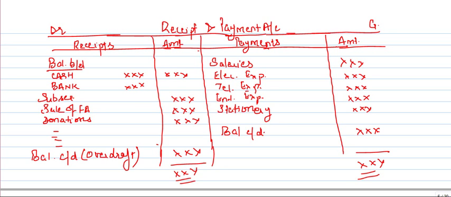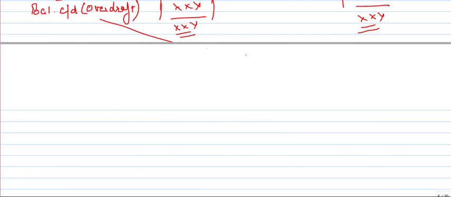Now, if it is an overdraft facility, then this balance will appear on this side because see, here it is overdraft. When you will move on to the next year, this will show on the payment side. This will be balance brought down next year. Here you will have the payments, right?